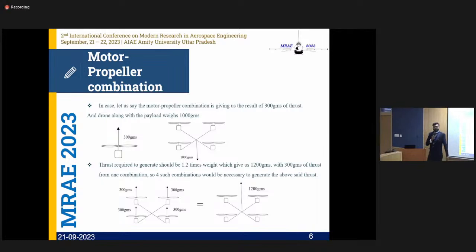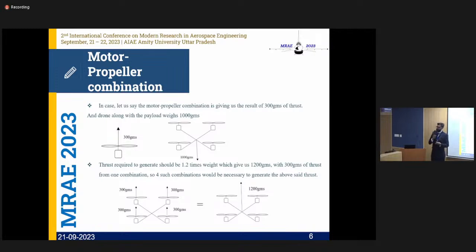We should not forget the lift and weight equation. Lift should be greater than weight. This is one point, but by which factor? We should have some safety factor. In drone technology, 1.2 is the ratio factor of safety. And that 1.2, I should not get at 100% throttle, but I try to achieve it at 50% throttle itself.